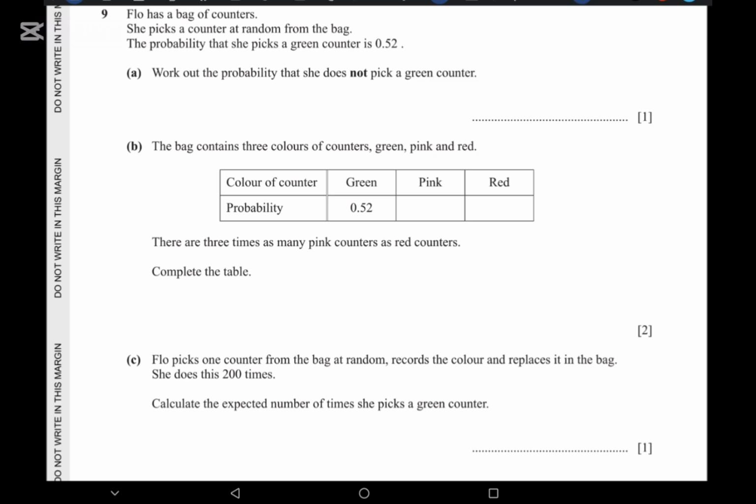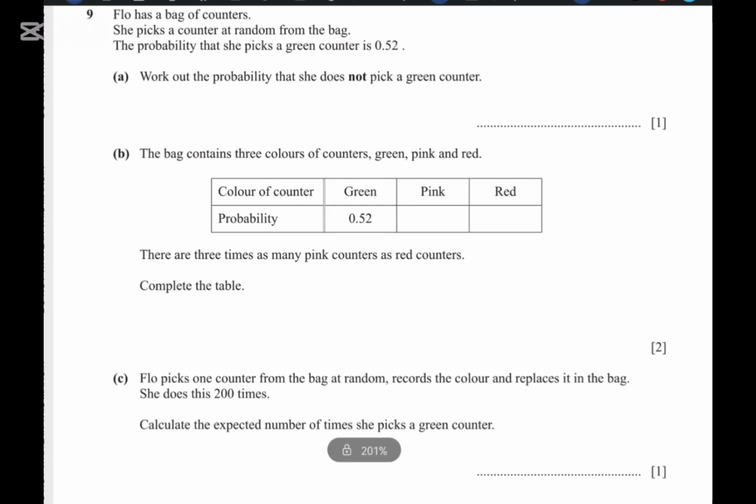Question number 9. Flo has a bag of counters. She picks a counter at random from the bag. The probability that she picks a green counter is 0.52. Work out the probability that she does not pick a green counter. So here "not" is the key.